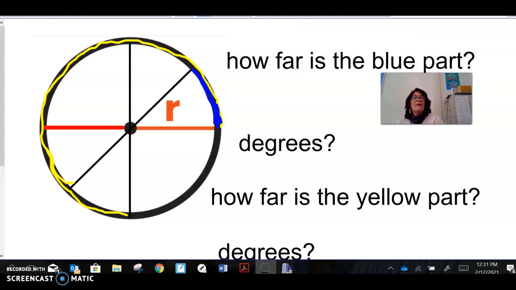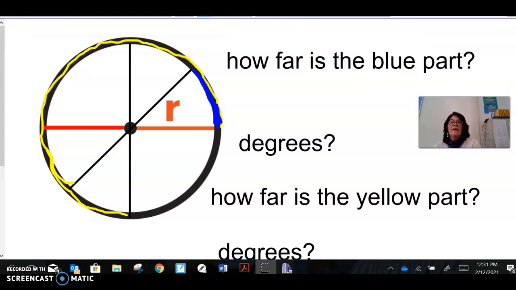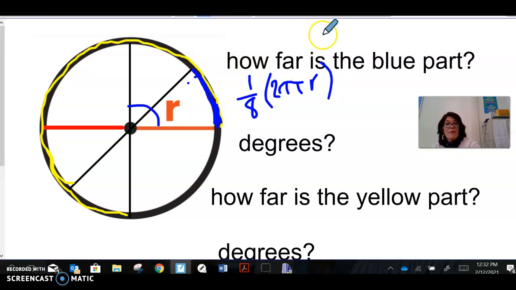All right, so what about the blue part? How far is the blue part then? Let's think about it. We did the quarter of the way. That's 1/4 of 2 pi r. This looks like about half of that, right? So would you say 1/8 of 2 pi r? If I want to know the length of this blue thing, it's half of this quarter.